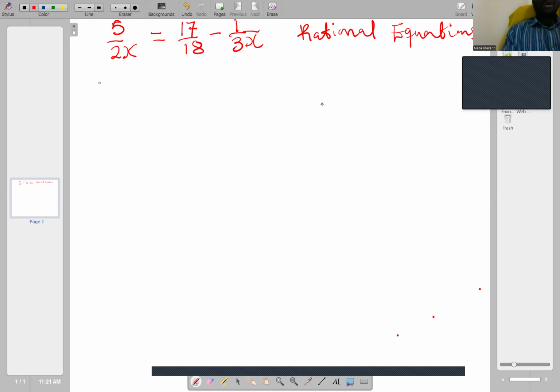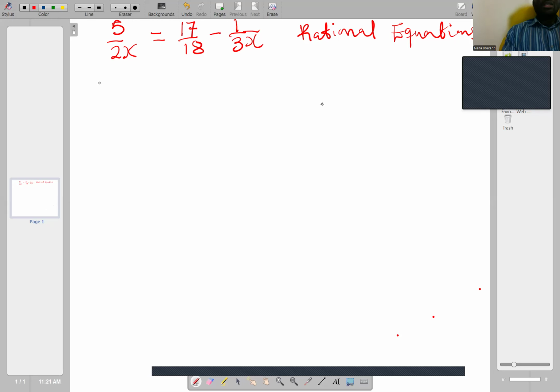Otherwise, we have an undefined expression. And so when we solve this, the solution set for this problem cannot include x is equal to 0. So x is equal to 0 will not be included in the solution.